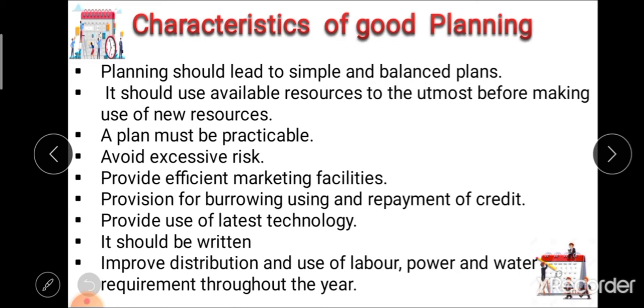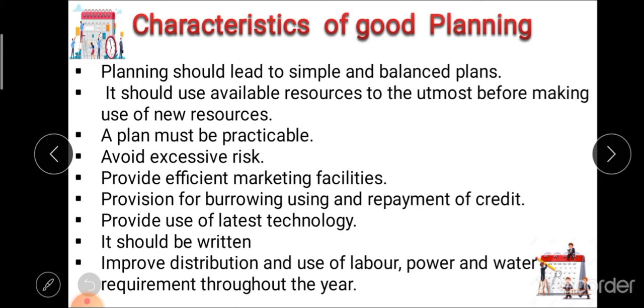So firstly, the plan must use those resources and then make use of new resources. Whatever plan you prepare, you must use the available resources first and then move toward the use of new resources.